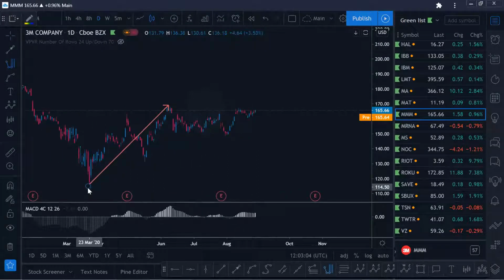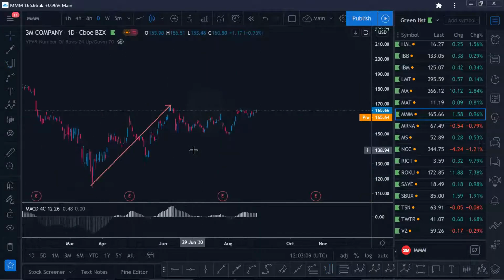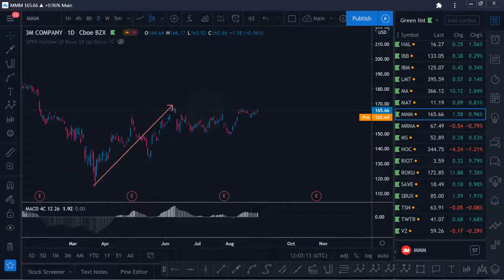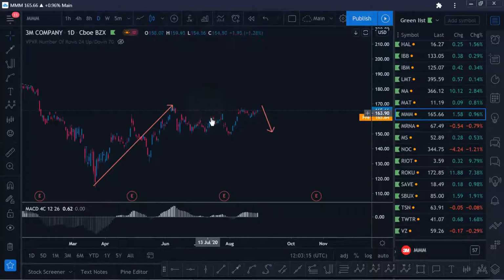Taking a look at the time, if that is the case, we have crossed it. What I'm looking to get here, what would be great, is one last push lower to give us a bit of a correction in there.